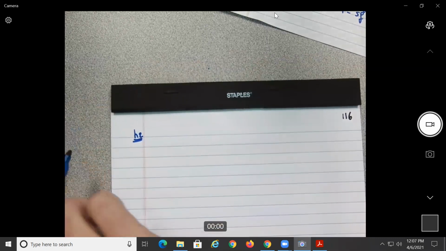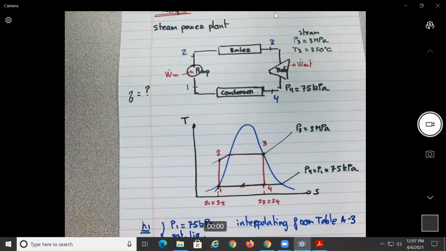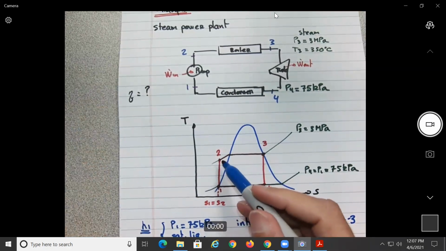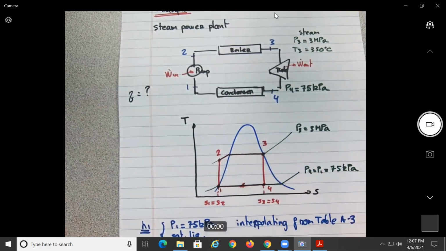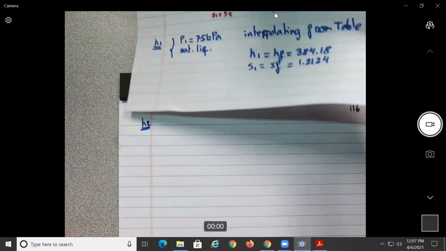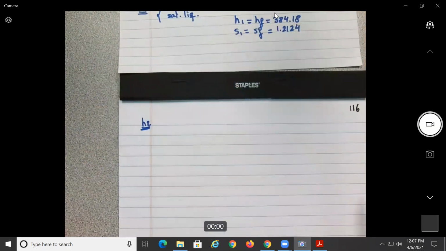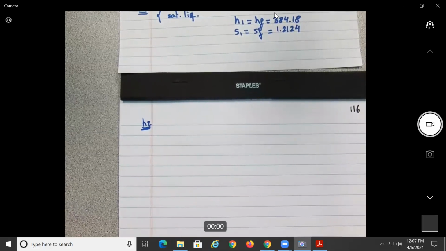Okay, so H2, what do we know? We know from the figure here, the problem is that we don't have tables of saturated water, and we don't really know the temperature. So we'll see what's gonna happen here. If we knew the temperature, it would be easier, but they give us the pressure. So let's see if we can do it that way. Otherwise, we're gonna have to go around another way.